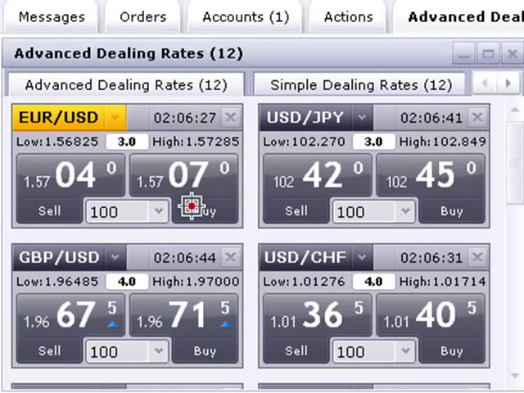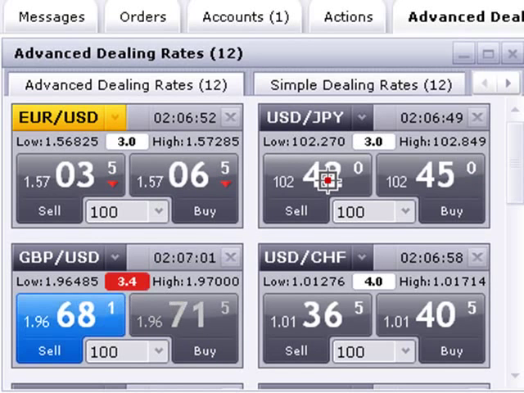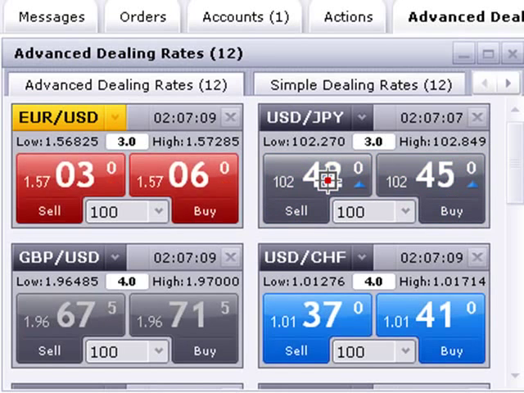Moving across the quote window to the right, the next currency that we're going to see is the dollar-yen currency pair, or the U.S. dollar-Japanese yen currency pair. Notice that where the euro was the base currency in the last example, the U.S. dollar is the base currency in this example, and the Japanese yen is the counter currency.